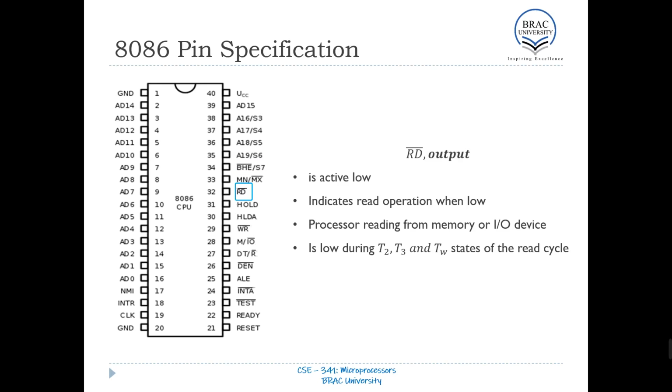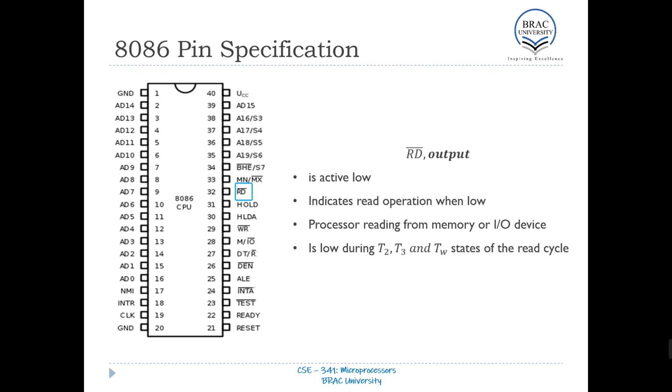Pin 32 is another active low pin that is used to indicate that the processor is currently carrying out a read operation from the memory or an input device. This is usually low during the T2, T3, and TW states of the read cycle. The TW state, which is also known as the wait state, is optional.